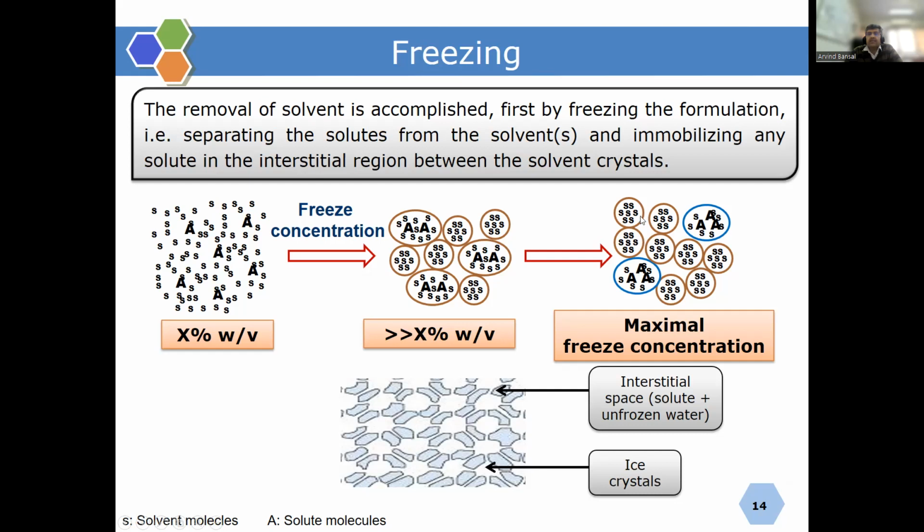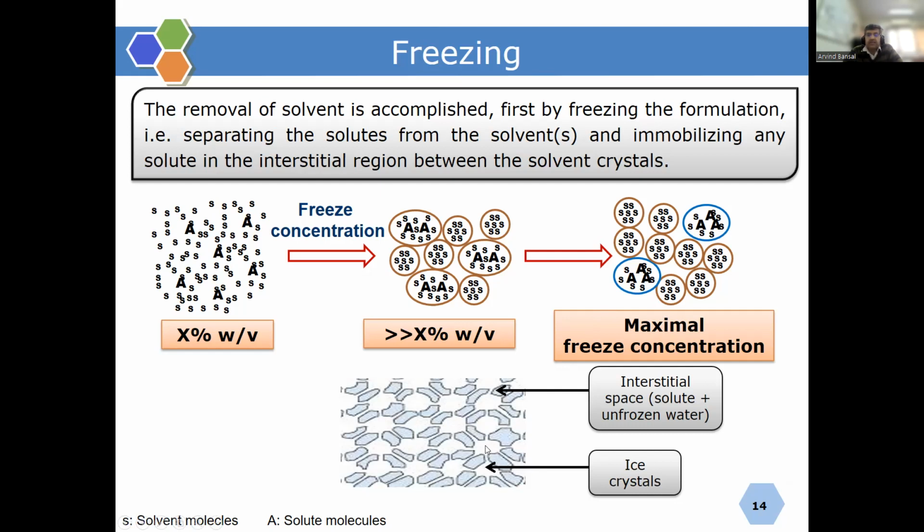Here more ice has been formed, and the concentration of the solute in the left out solution has increased to a maximum value. Beyond this, there will be a phase separation, that is solute will separate out from the solvent. So this is a transferred section of the frozen sample in a vial.